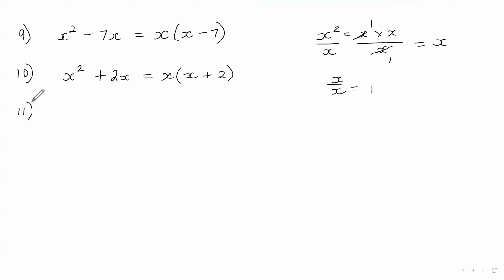What about if I had a squared plus 6a? The common factor here again is a, because a times a is a squared. So this will be a, and a times 6 is 6a, right?